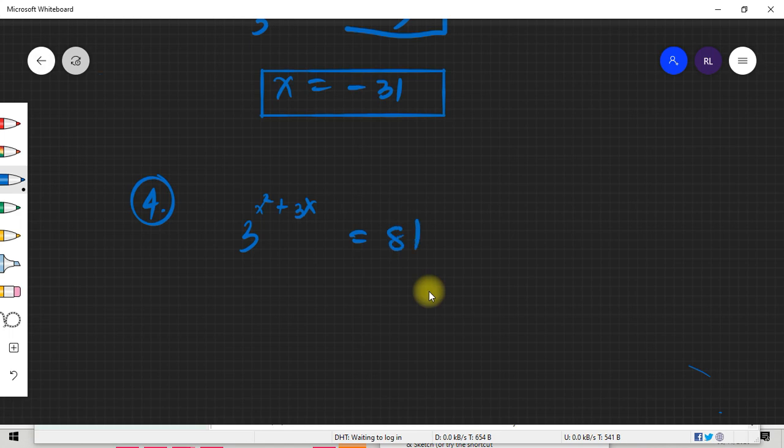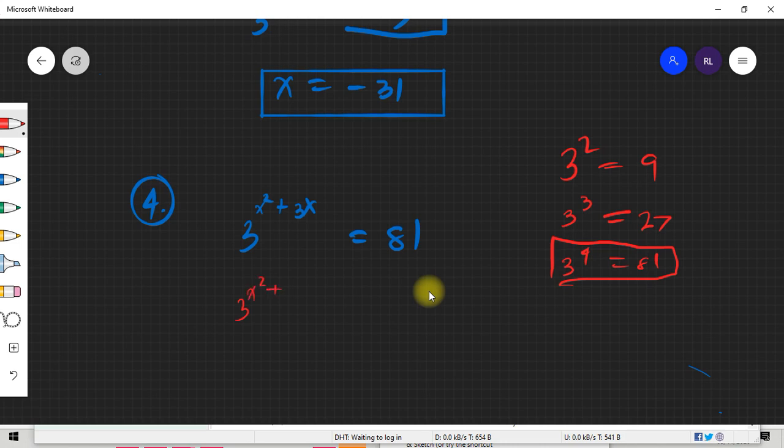Same idea. We can express 81 in base 3. Let's try. 3 squared is 9. 3 cubed is 27. 3 raised to 4 is 81. So we can say that 81 is 3 raised to 4.